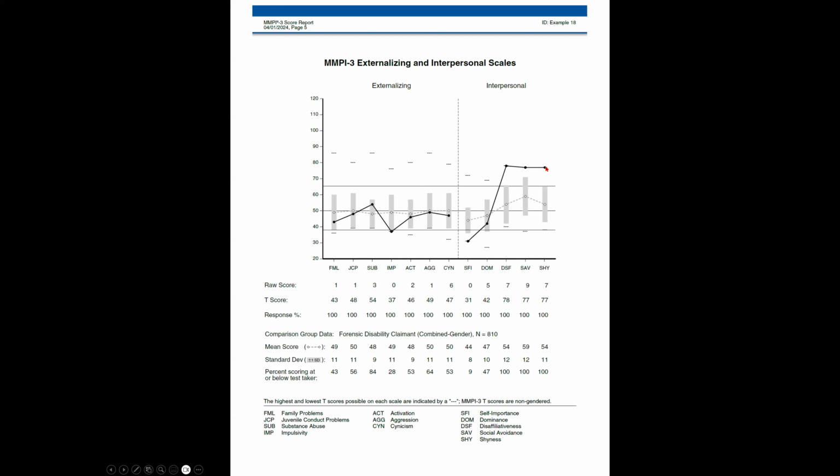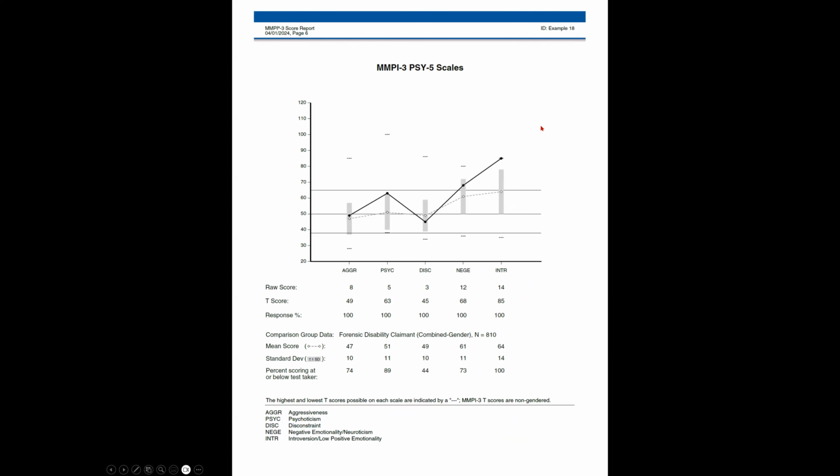Very high scores on the interpersonal scales, disaffiliativeness, social avoidance, shyness, all at the ceiling, meaning that you can't score any higher than this. Whether this has anything to do either with a disability claim or perhaps some pre-existing conditions that predate whatever the experience was that led to the disability, evaluation would need to be considered in this case.